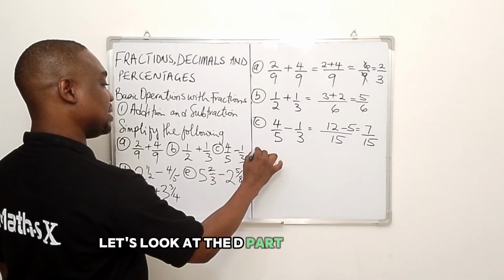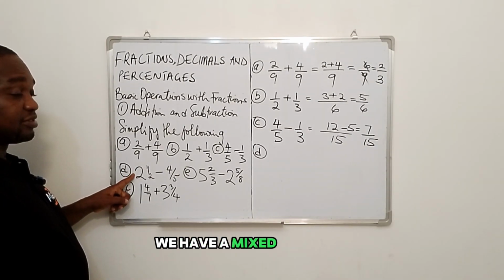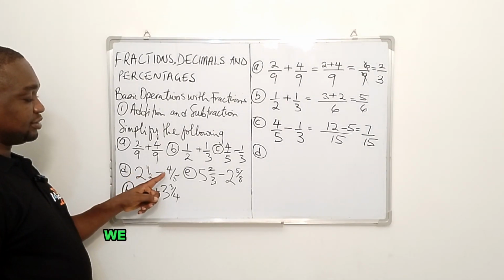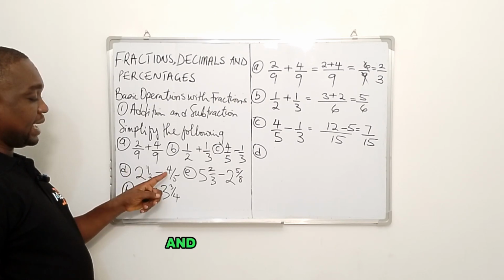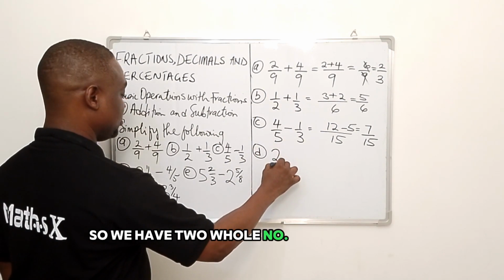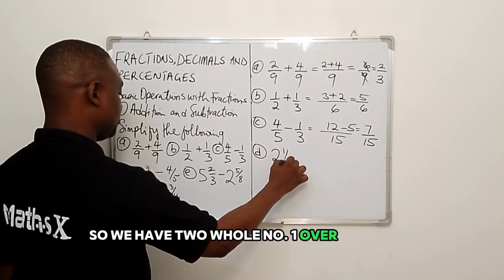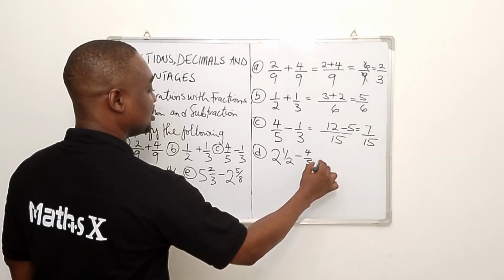Let's look at the D part of our example. We have a mixed fraction, and we are subtracting a mixed fraction and a proper fraction. So we have 2 whole number, 1 over 2 minus 4 over 5.